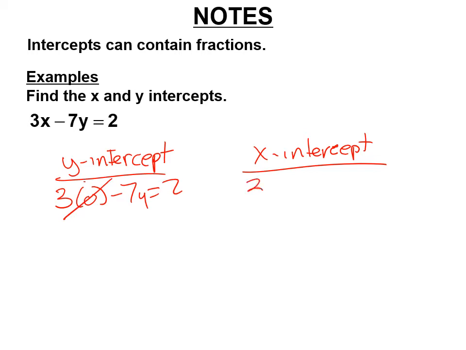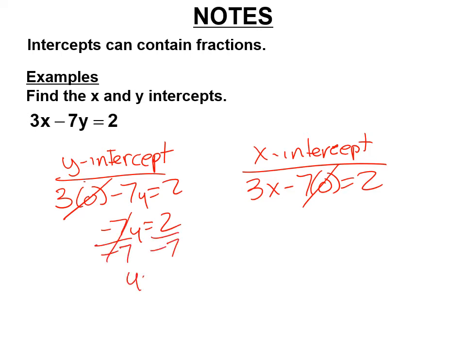For the x-intercept, you make the y-coordinate equal to 0. So this is negative 7y. Let's write it out just so you see it. Negative 7y equals 2. Divide both sides by negative 7. Y equals negative 2 sevenths. Yeah, that's possible. The y-intercept could be (0, -2/7).